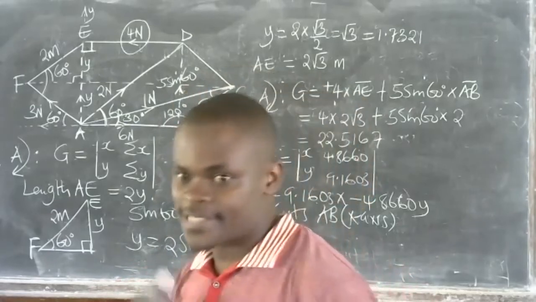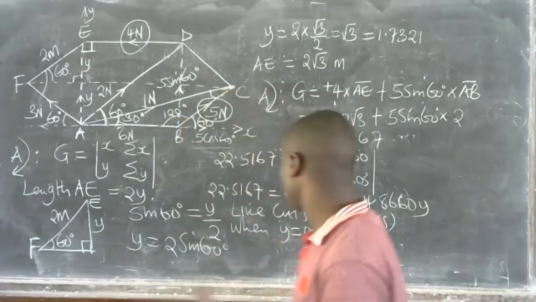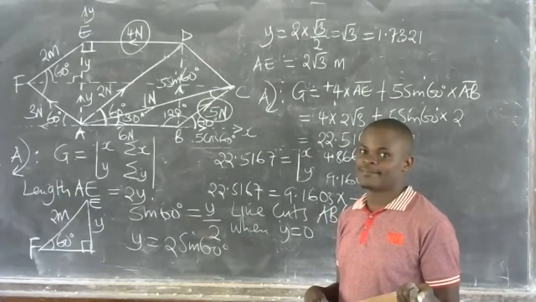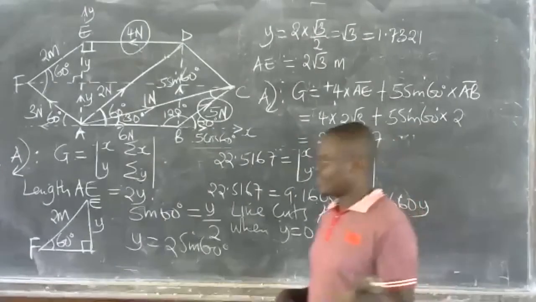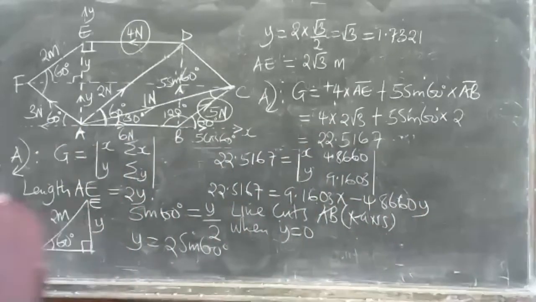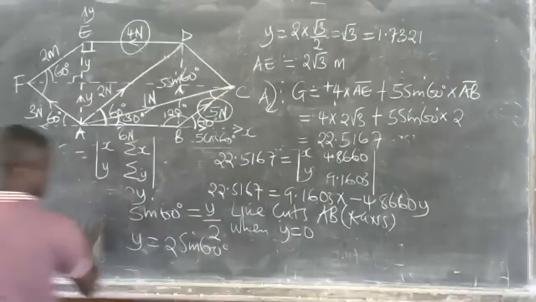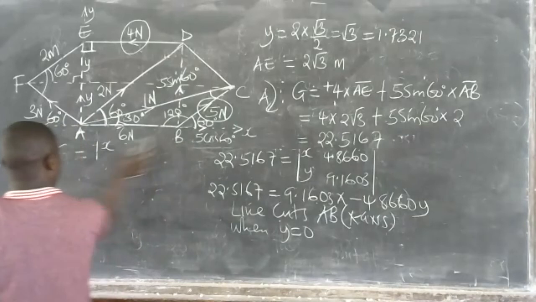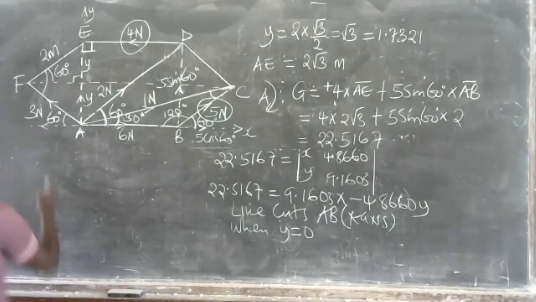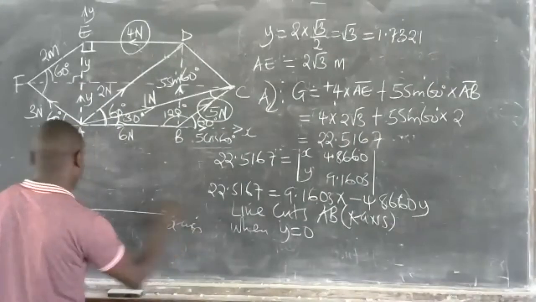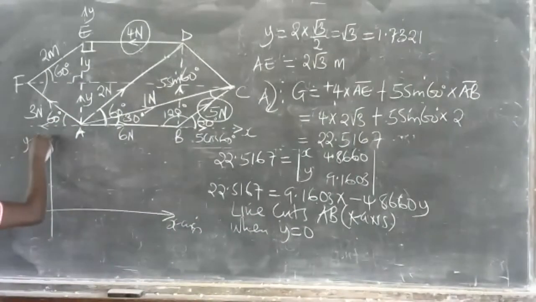Someone is asking a question. Teacher, please re-explain why you equate y to 0. Those are intercepts. You know where the line meets the x-axis and where it meets the y-axis. If you have the x-axis and the y-axis, this is the origin.